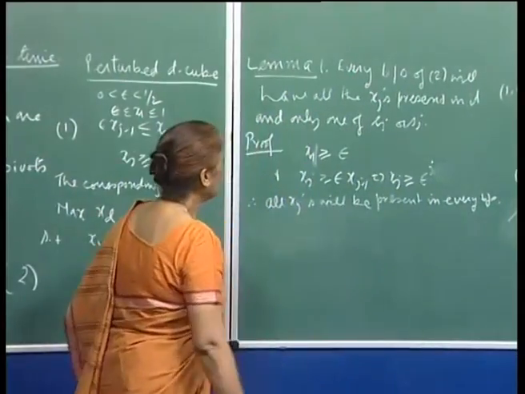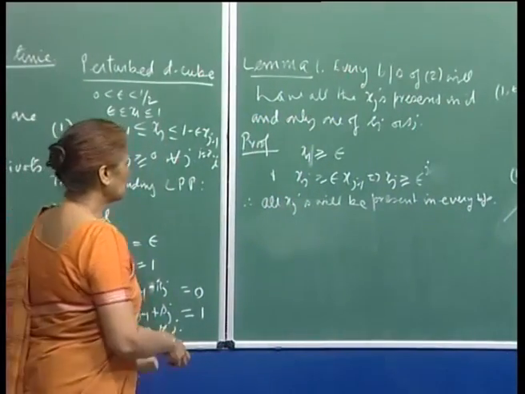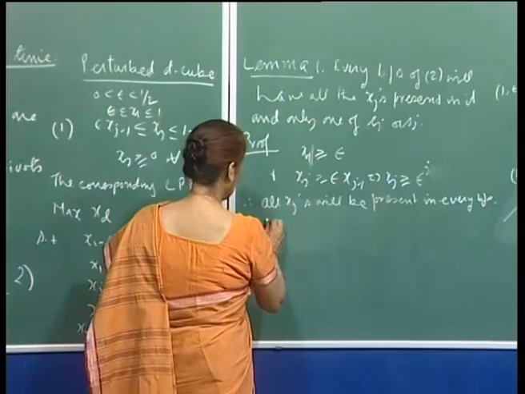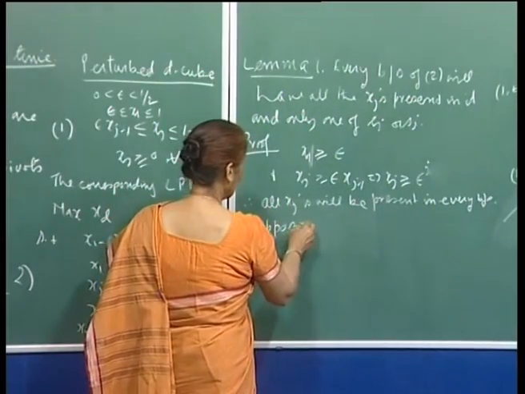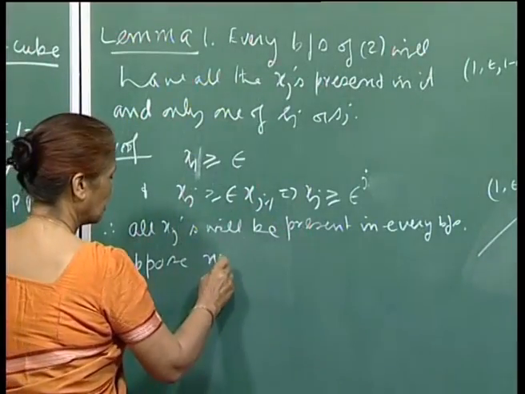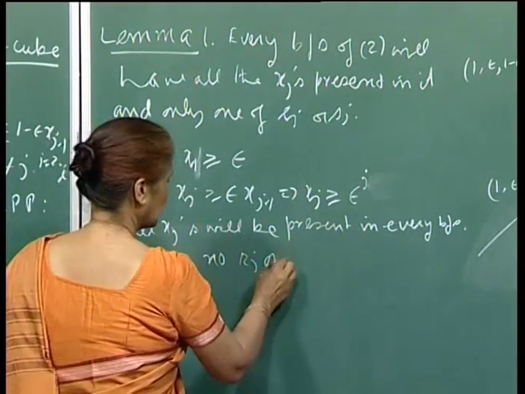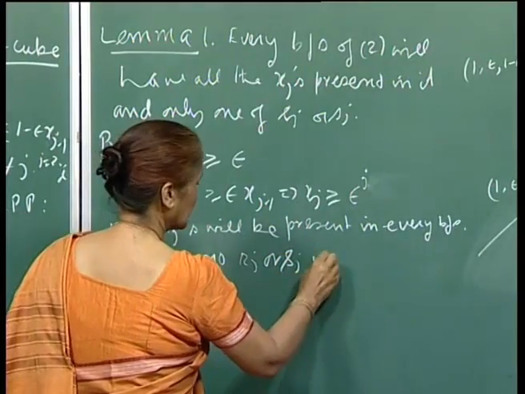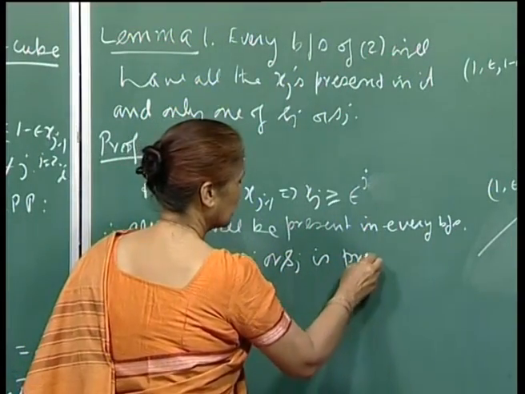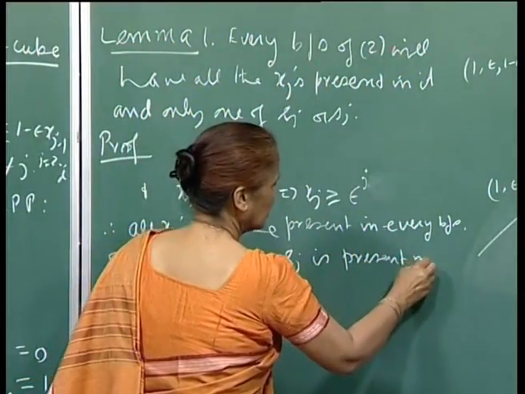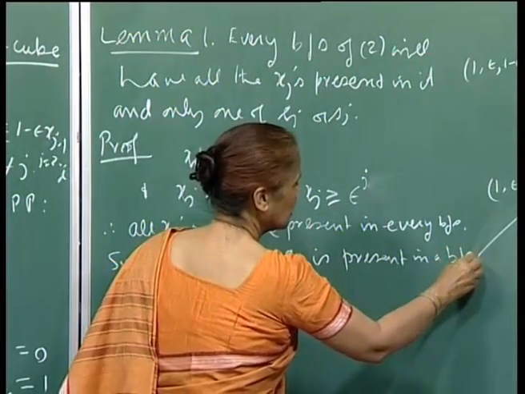Okay. Now you want to show the second part of the lemma. Suppose no Rj or Cj or Sj is present in a basic feasible solution.